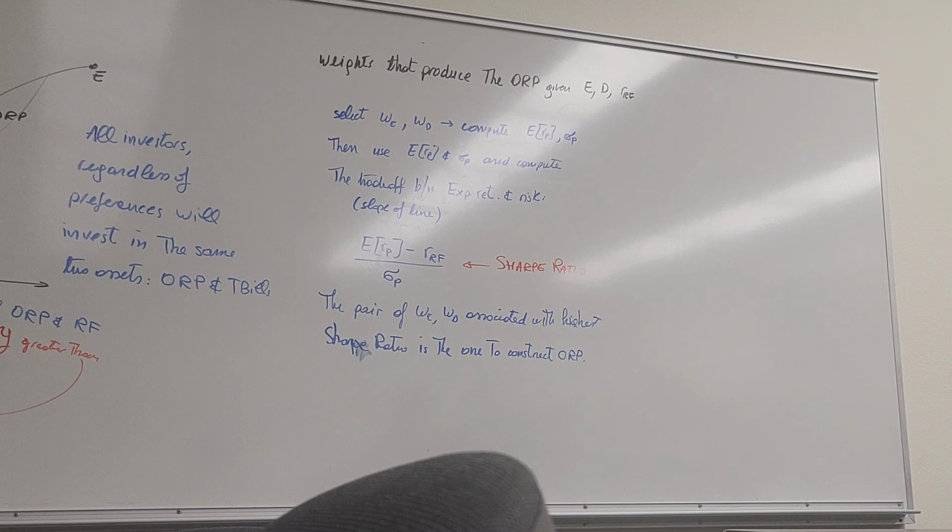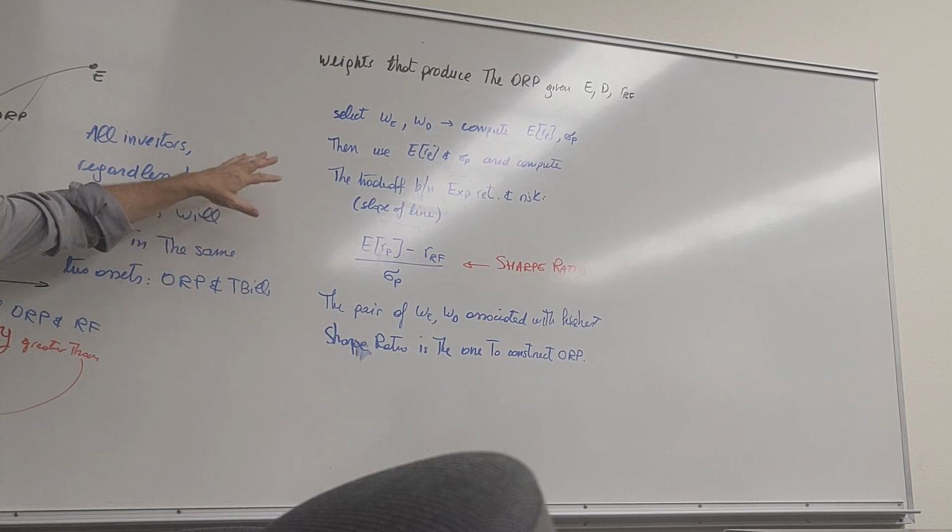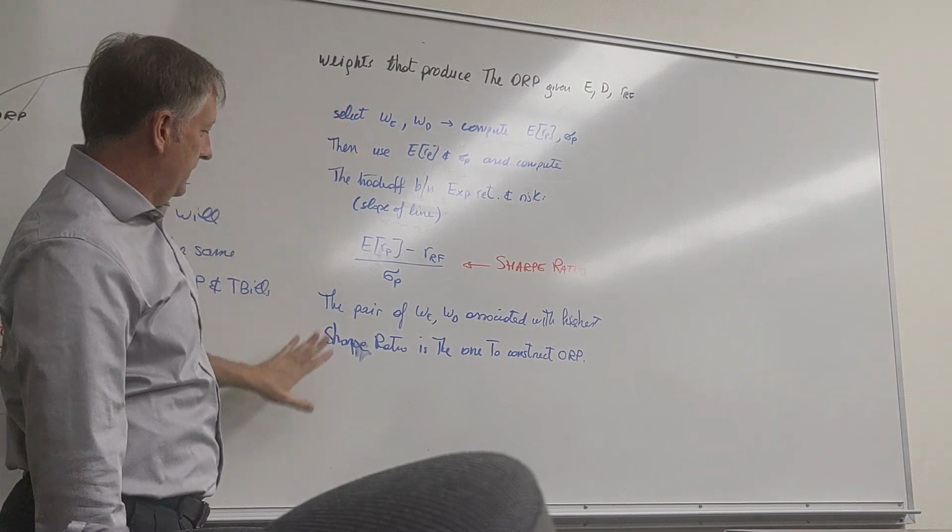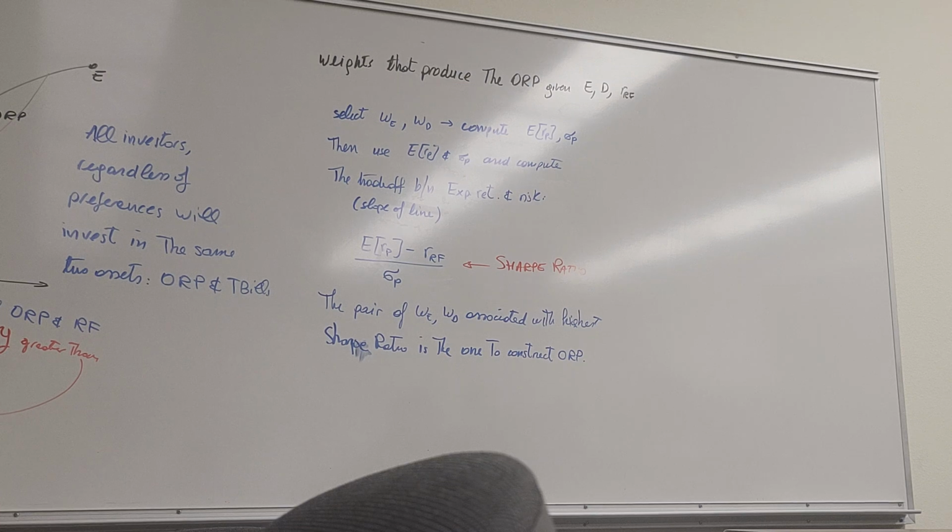Okay, so test all of them, and eventually the one that gives you the highest ratio, this pair of weights, is the one that is associated with this ORP. So we can do this in a more mathematical way.